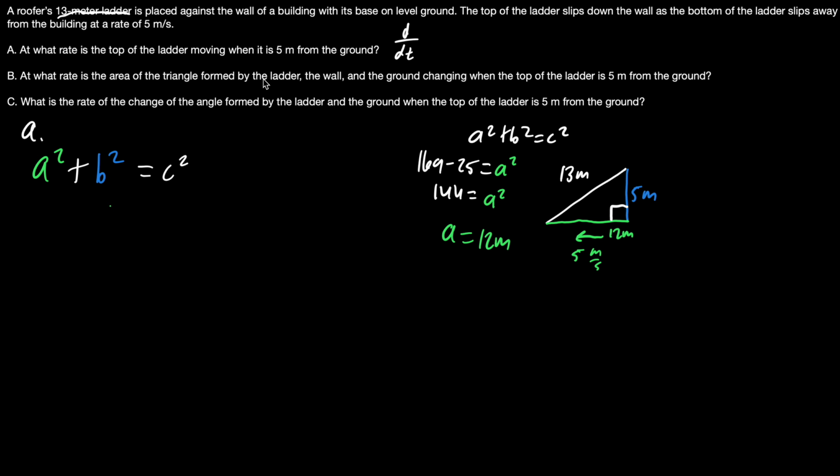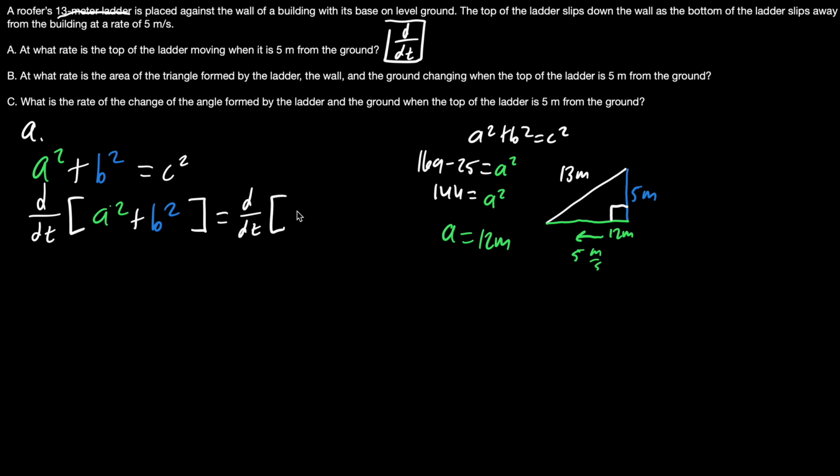And then since we want to know the rate, we're going to have to take the derivative, and remember that we have to take the derivative with respect to time. So we have the derivative with respect to time of a squared plus b squared is equal to the derivative with respect to time of c squared.